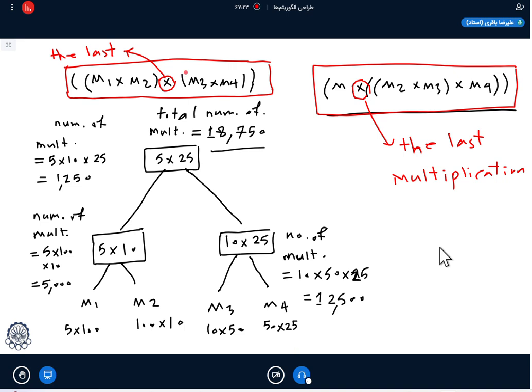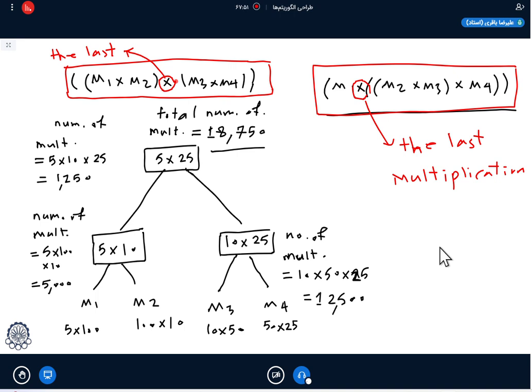As I told before, in any parenthesization, one of the multiplication operations is the last. For example, in the left side parenthesization, this multiplication is the last one, because the last operation that is done is this.